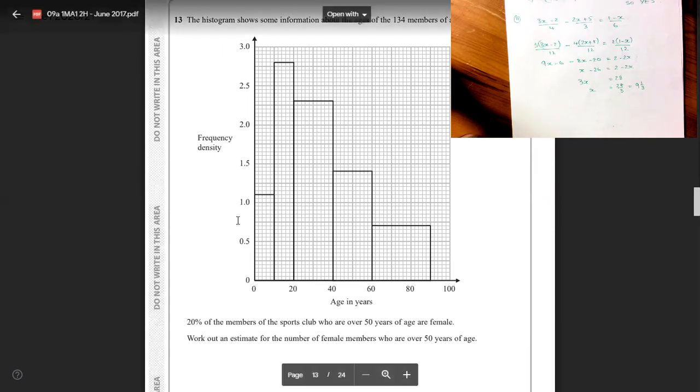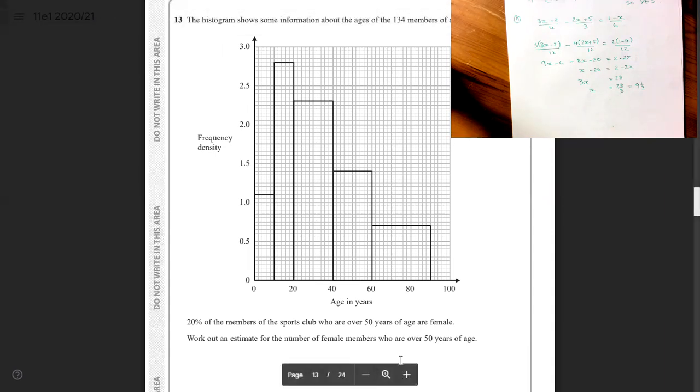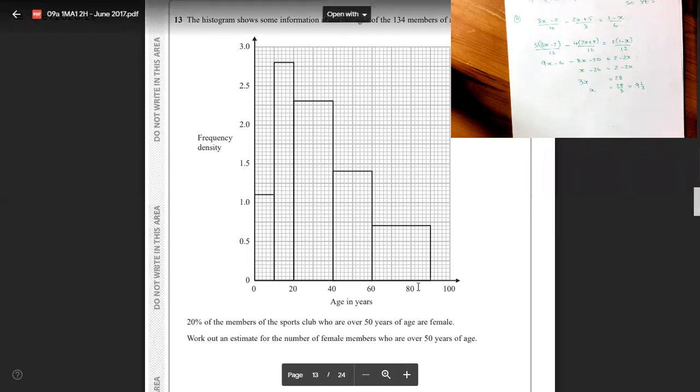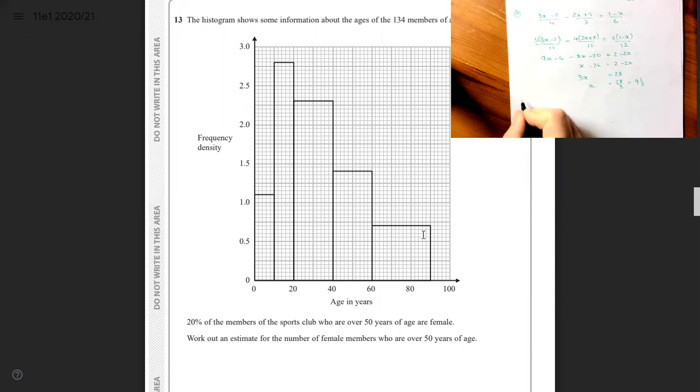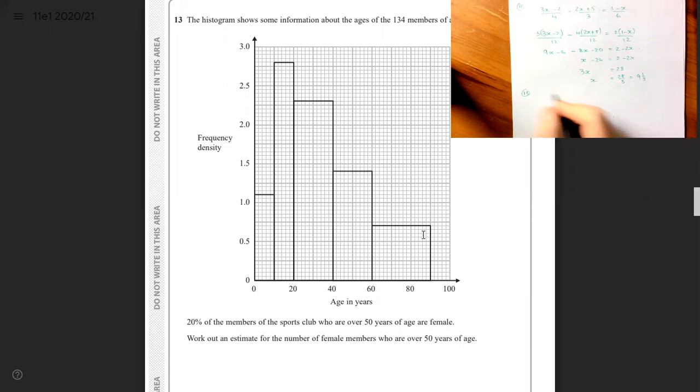Okay, so we're going to have to work out some frequencies from the frequency density. So if we look at this top bar here, the class width is 30 and the height is 0.7. So question 13, sorry.